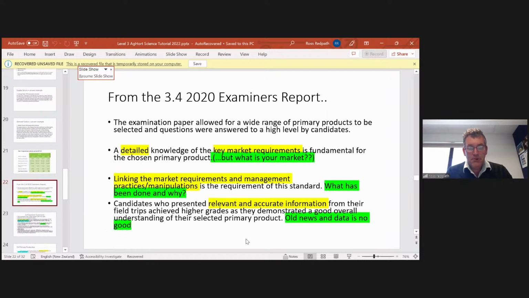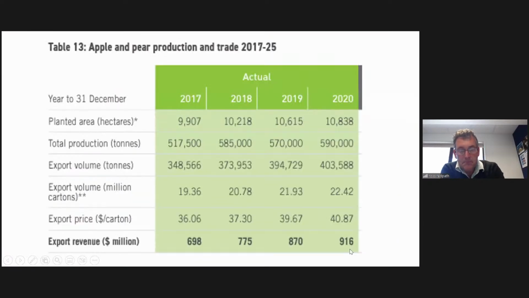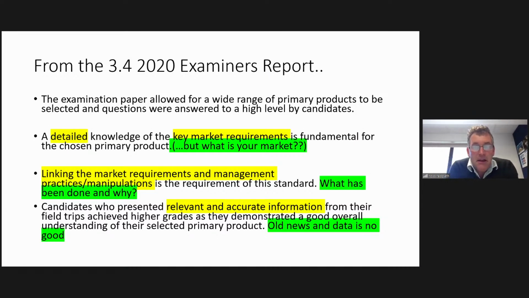I want to start with what the examiner has said in recent times, and the same sort of messaging refers to 3.3. It's really important that at the beginning of the exam you go through and read all the questions.